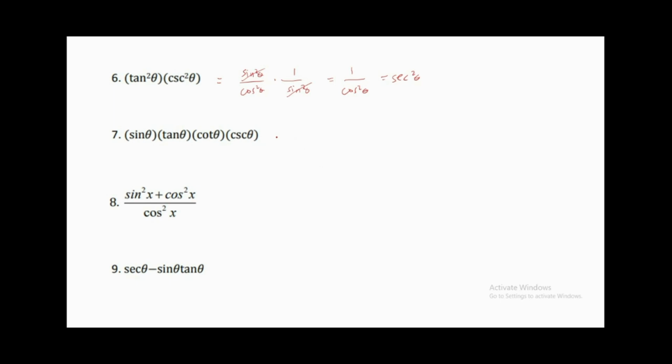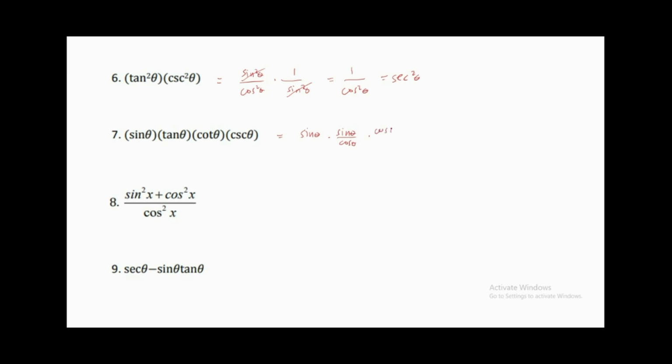Number 7 is sine theta times tangent theta times cotangent theta times cosecant theta. So we have sine theta times tangent, which is sine theta over cosine theta.